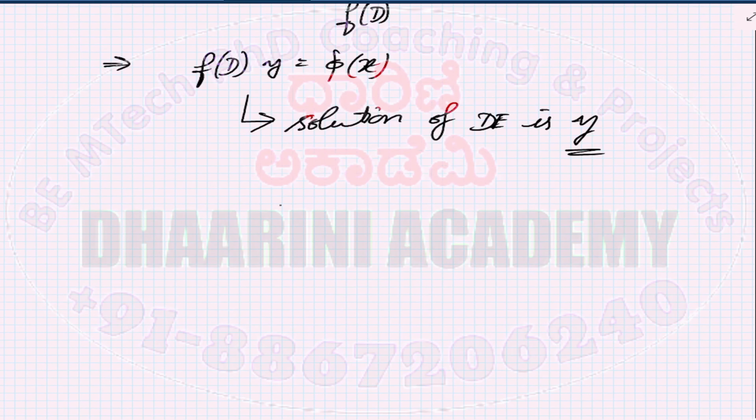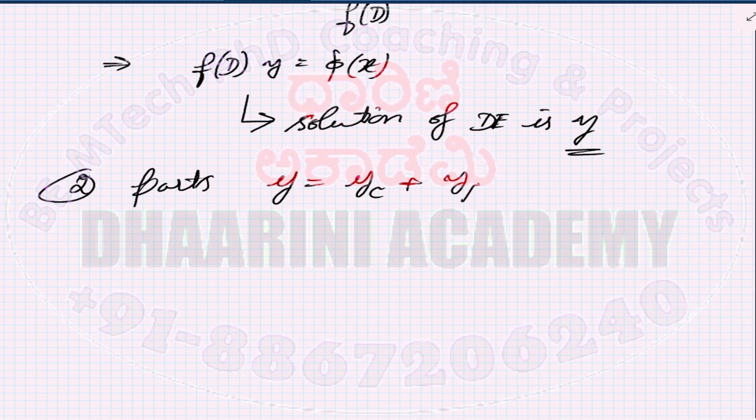Now how do you find this answer? This answer is pretty straightforward. There are two parts. The parts are y is equal to yc plus yp. So yp is called the particular solution.